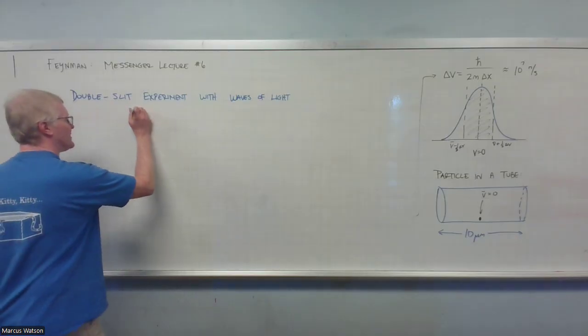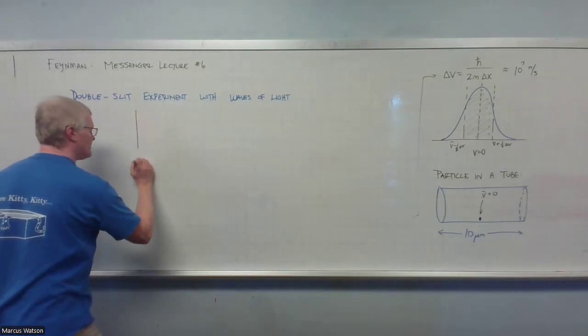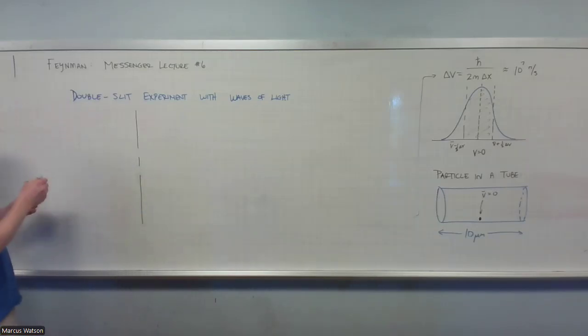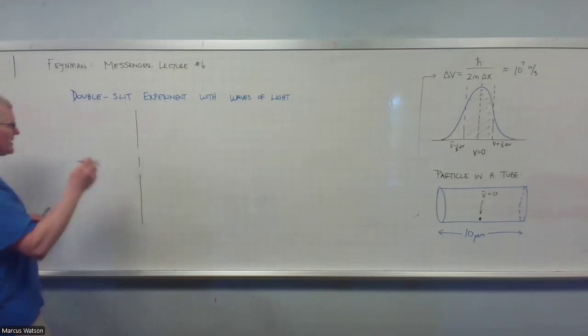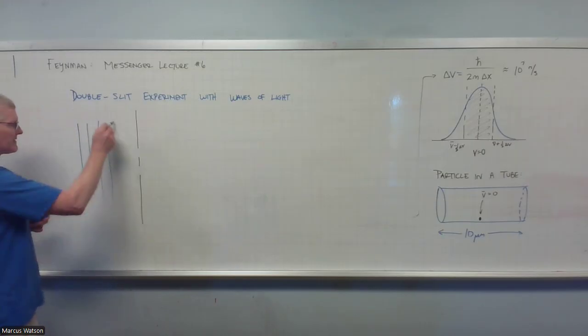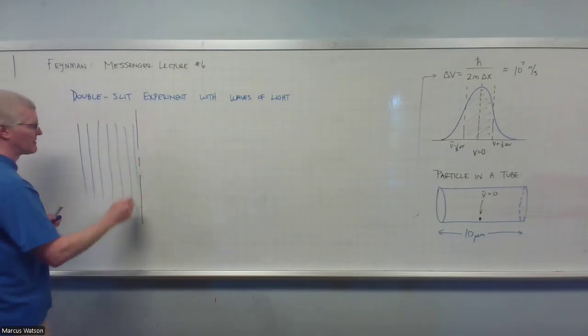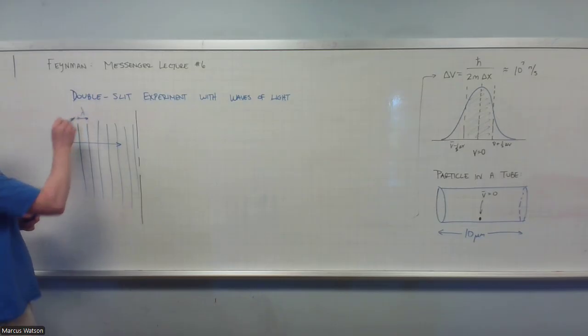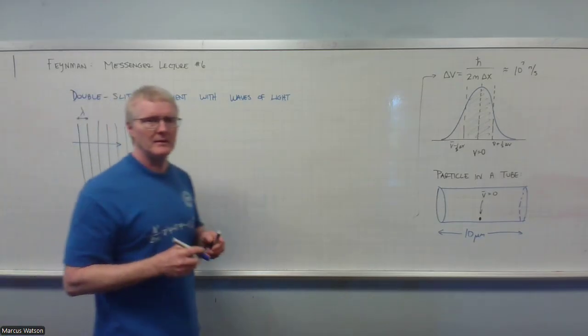So what happens here: light is coming in, we'll assume that it has a relatively constant wavelength, and it's going this way. So here are our wavelengths, like that.